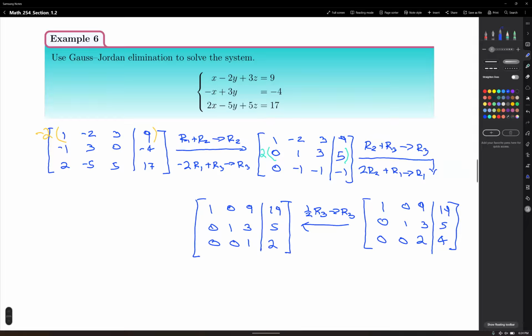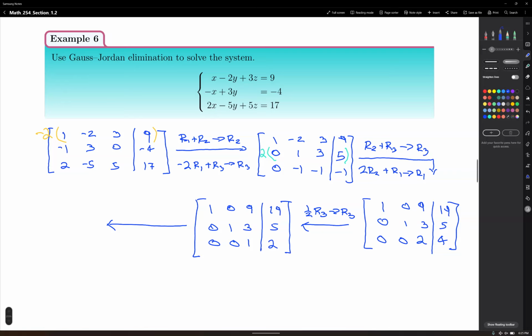What do you think we should do here? Well, we want to turn this 3 into a 0 and turn this 9 into a 0. How do we do that? Multiply row 3 by negative 3 and add it to the second, and the other operation by negative 9, right?